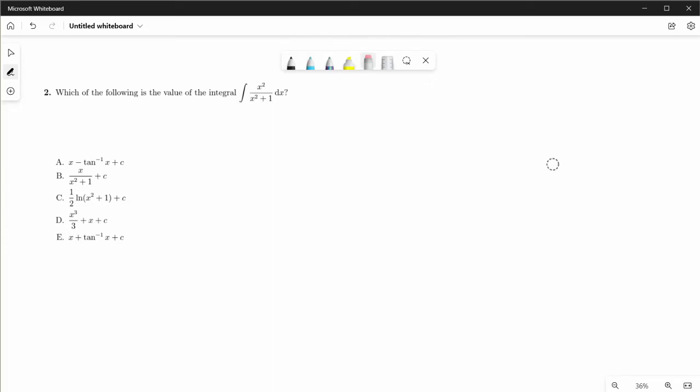What you can do actually is, since you have the answers, you can just take the derivative of these, right? If the derivative of one of these is this, then you should have the answer, right? That might be really cumbersome, as you might have to take the derivative of 5 things, and might not be really helpful. But it's a way to do it.